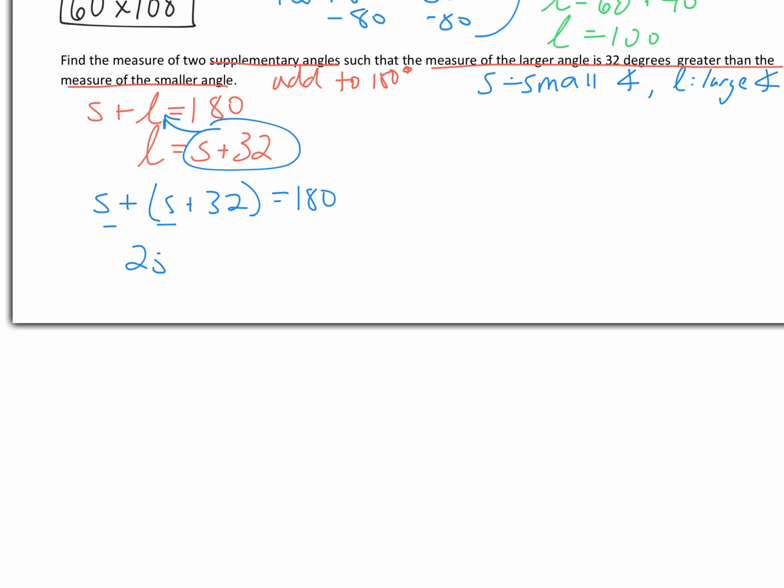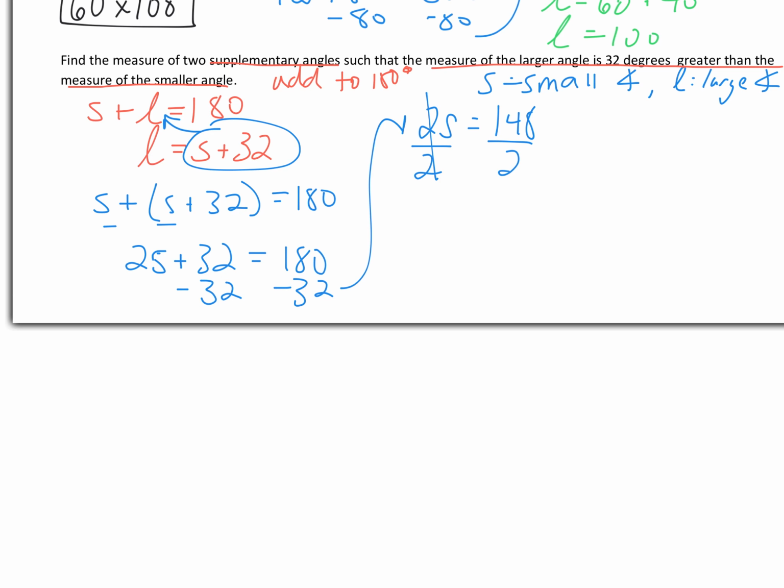2S plus 32 equals 180. Subtract 32. Let me finish that up here. 2S equals 148. Divide by 2. S equals 74.